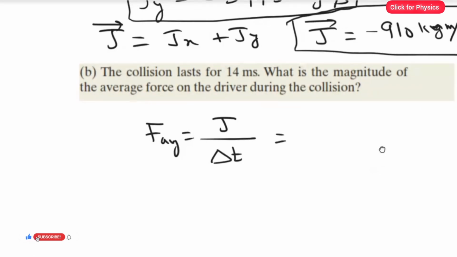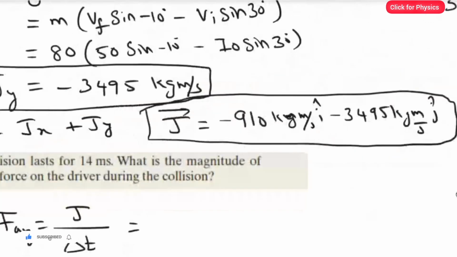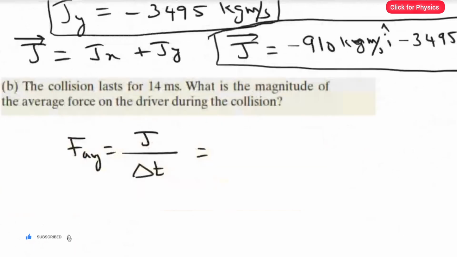We already found the answer here as 3612. So 3612 divided by, and what's the time? 14 milliseconds. So 14 multiplied 10 power minus 3, because milli stands for 10 to the power of minus 3.